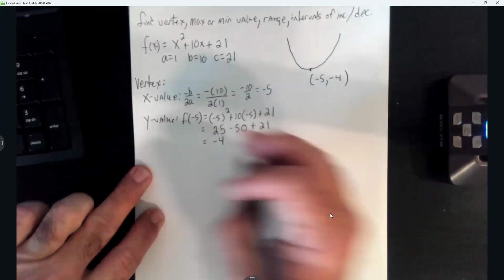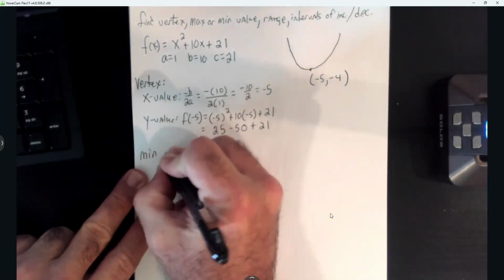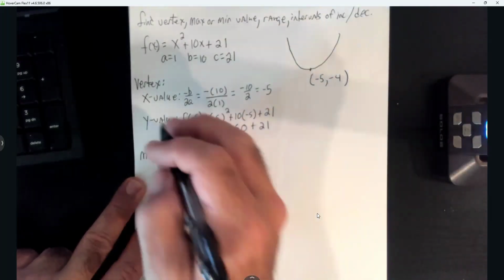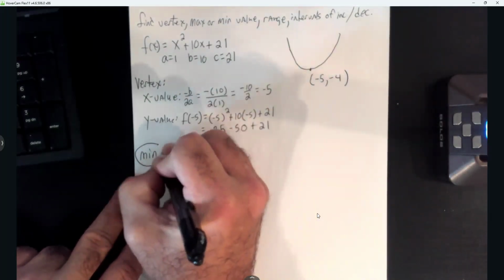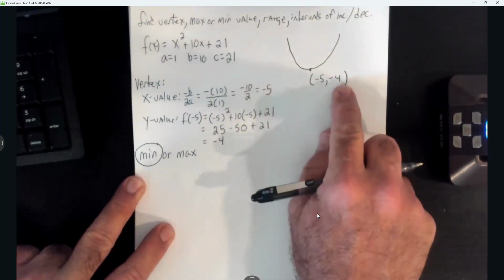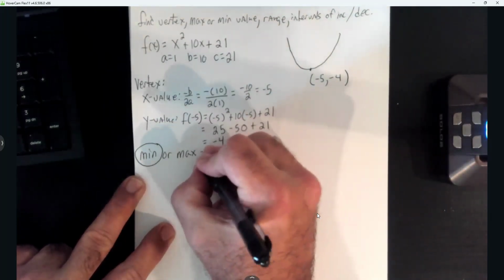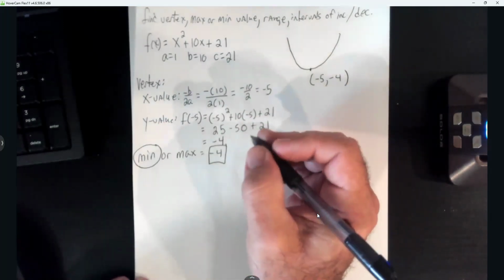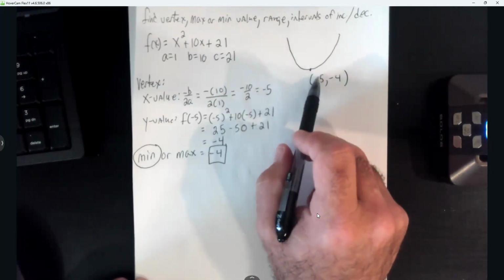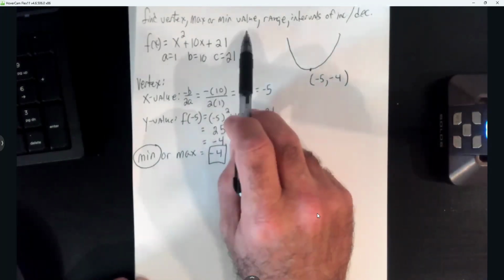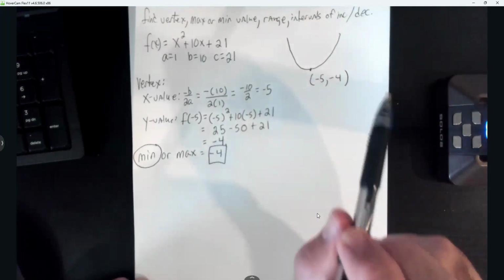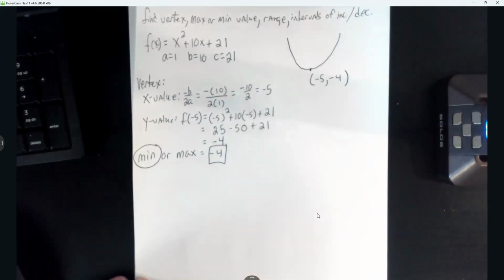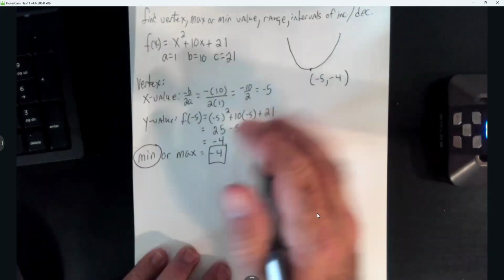So on the minimum or maximum, we said this one had a minimum. So it's got a minimum, and the minimum value is the y value, which was negative 4. So see, this one didn't even ask nothing about the x value. It didn't say nothing about a line of symmetry, okay? Alrighty, so they want the range.